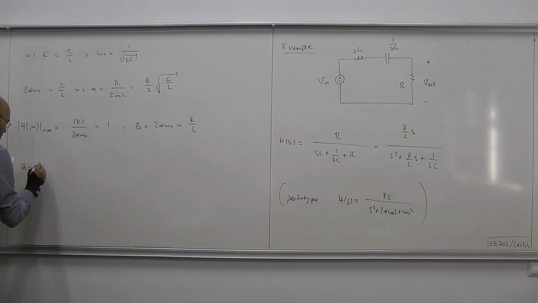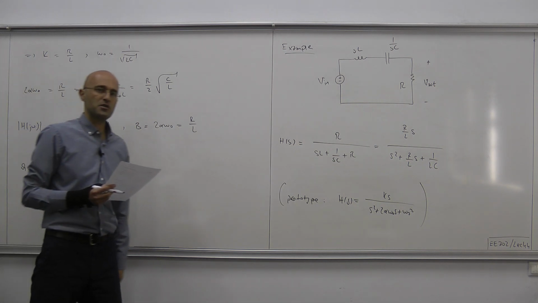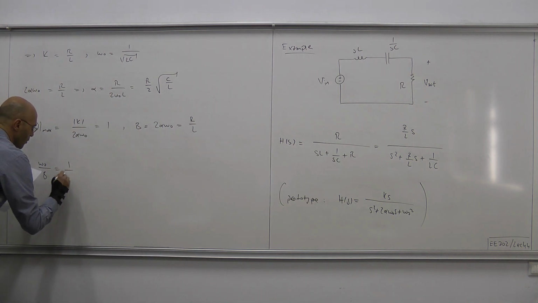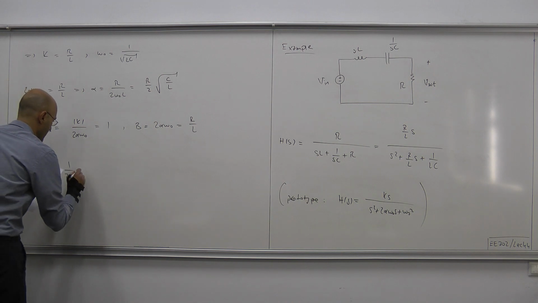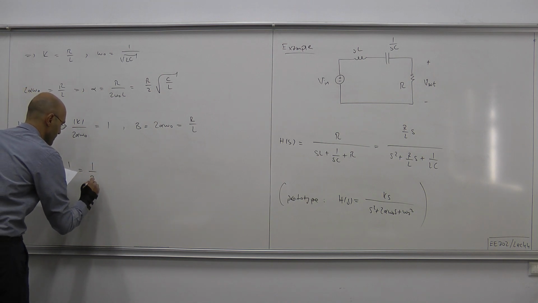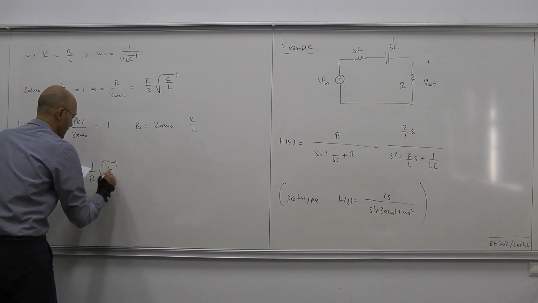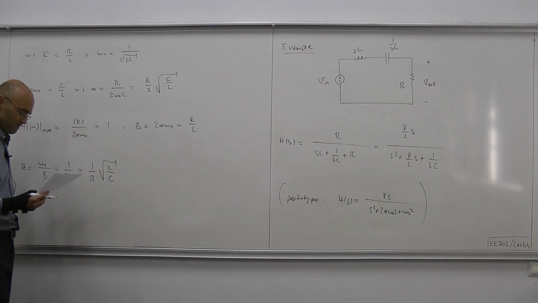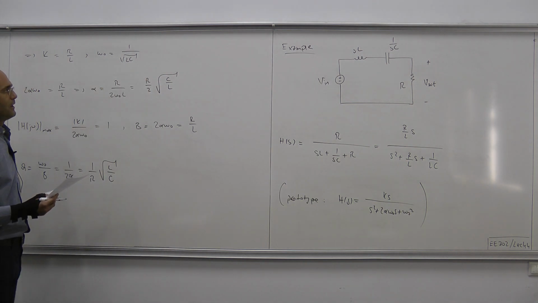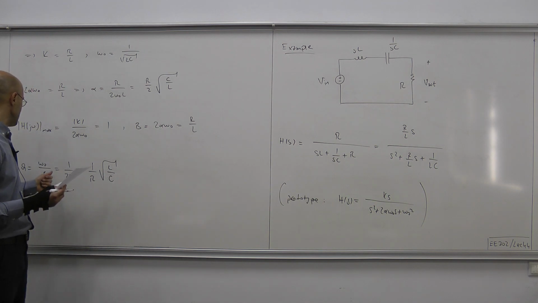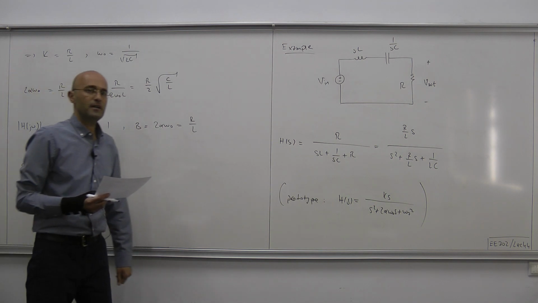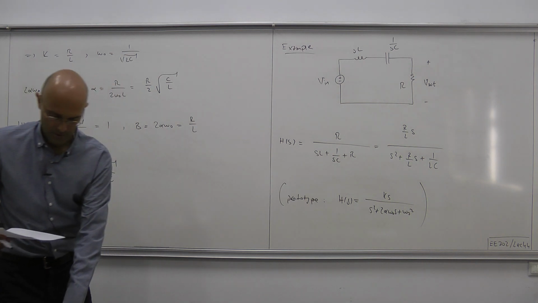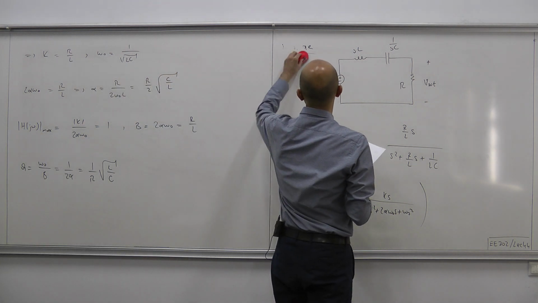Q, by definition, equals the center frequency divided by the bandwidth, which is 1 over 2 alpha, and that for our circuit equals 1 over R multiplied by square root of L over C. Now let's try to append a physical meaning to the quality factor for this circuit.